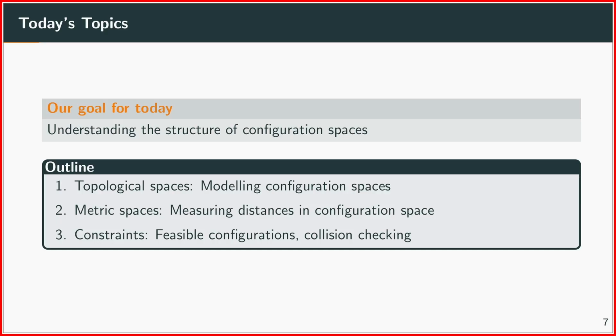Then the second topic, metric spaces, where we'll talk about distances in configuration space. And finally, we'll talk about constraints, the topic of feasible configurations, and also something super important, collision checking, because one of the most important constraints is that your robot is not in collision with any obstacles.